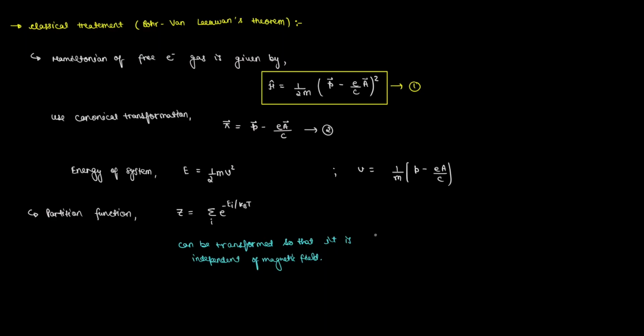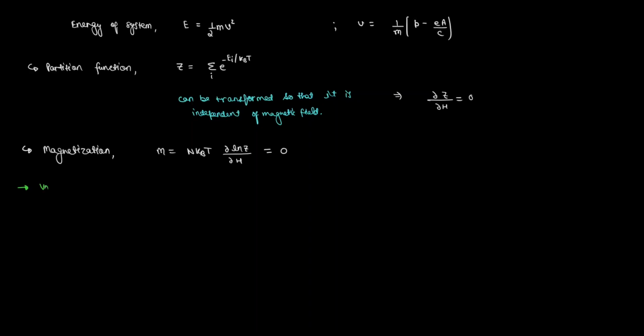So therefore, del z by del h will be equal to 0. Now if you remember, the magnetization is given by nkbt times the derivative of ln z with respect to the magnetic field. In this case, this will also be equal to 0. So this is an example of Van Leeuwen theorem, which states that in classical theory, the total magnetic susceptibility is equal to 0.